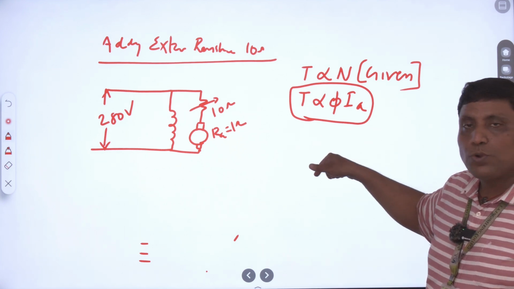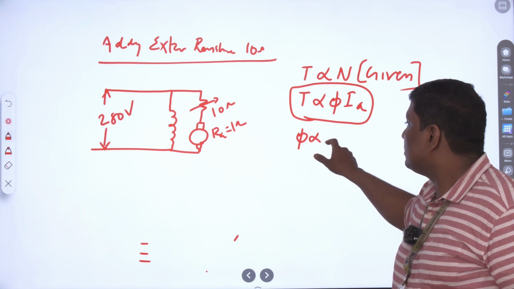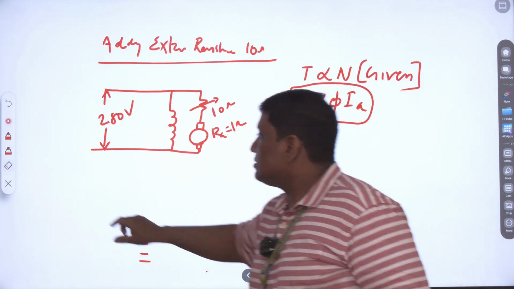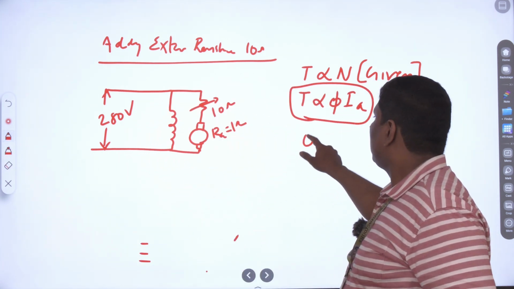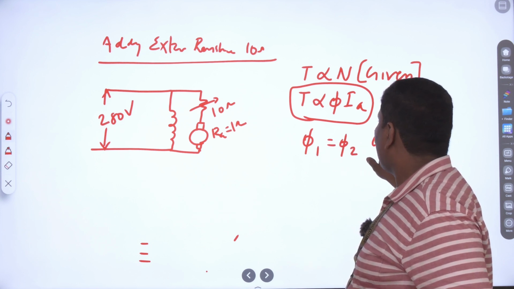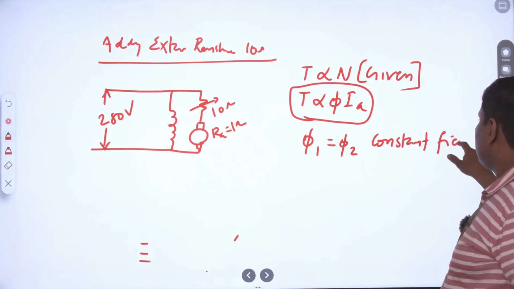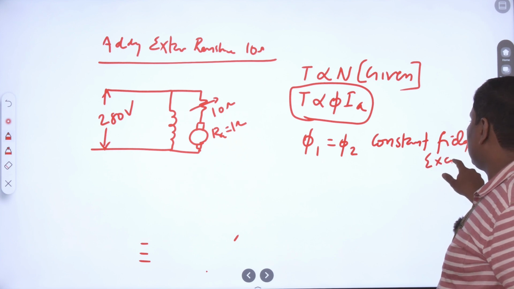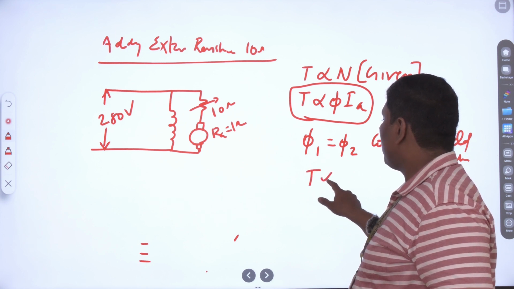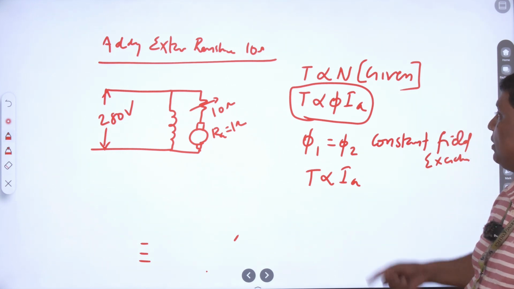In this problem, the flux is constant, phi1 and phi2, because of constant field excitation. So T is proportional to IA.